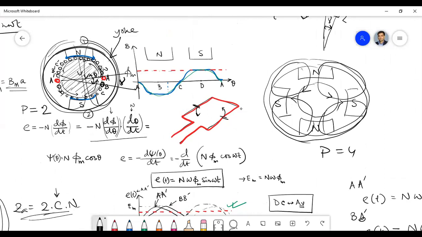Now where you need that voltage, you need the voltage in some static devices, like you want to light a lamp, there you need that DC voltage. You want to give the DC supply to some car. Now how will you have the static DC voltage from this rotating part? So that is another question.